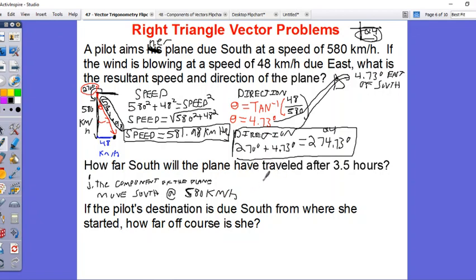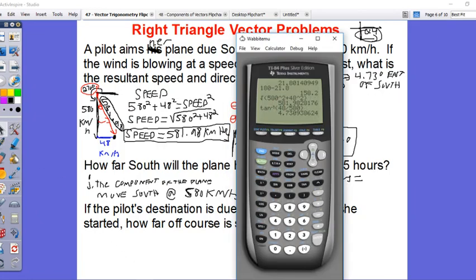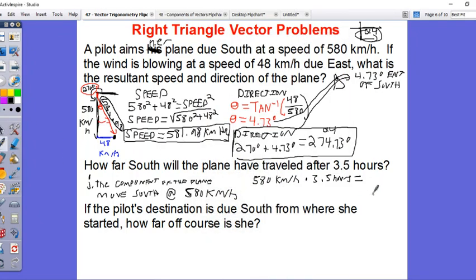So in order to find this value, we have 580 kilometers per hour times 3.5 hours to find how far south the plane has traveled. So we have 580 times 3.5. That's going to be equal to 2030. So we're going to say 2030 kilometers south. So that's how far south.